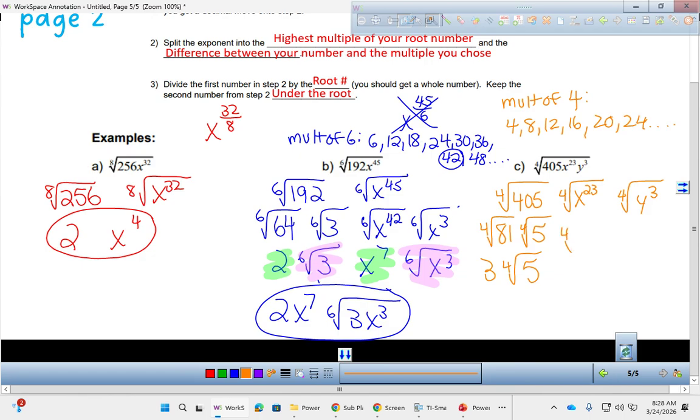I want to pick something under 23, preferably the highest something under 23, which is 20. My first exponent is going to be 20. So what will my second one be?